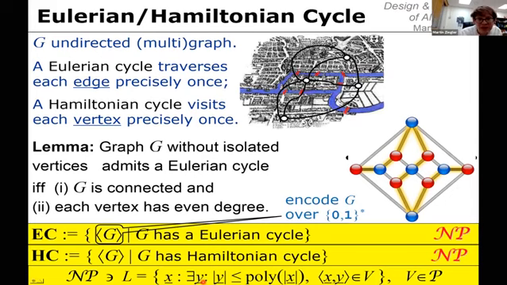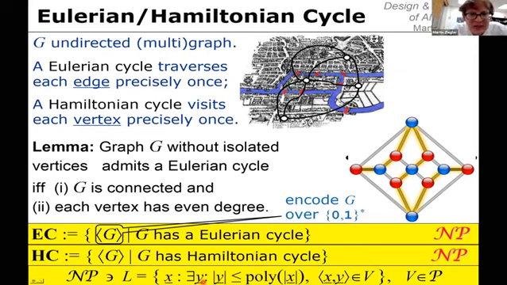The graph is A, connected, and B, every vertex of the graph has even degree. So I'm not going to prove this statement here. That's just a standard exercise, maybe in discrete math or maybe in graph theory as offered by the math department.